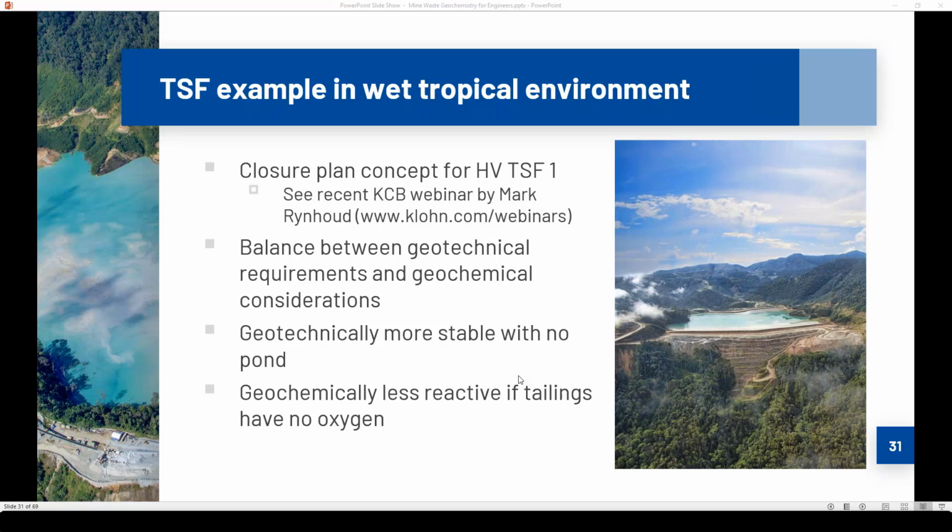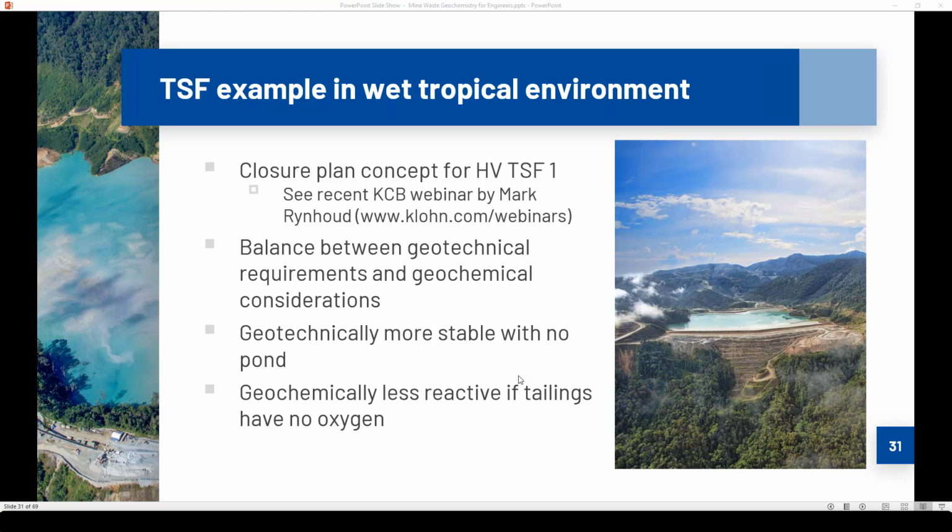The final example here I'm going to show is from a TSF in a wet tropical environment. This comes from the closure plan concept for the Hidden Valley TSF1, and I'll refer you back to a seminar that my colleague Mark Raynaud did several months ago, which was specifically geared towards talking about this particular TSF.